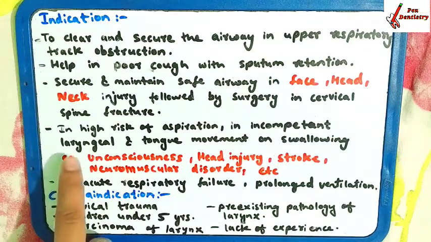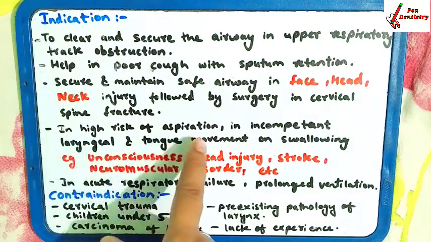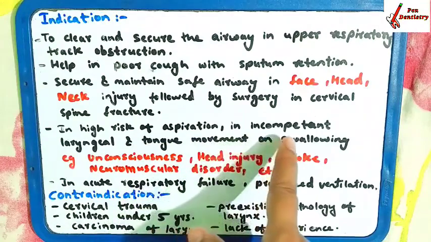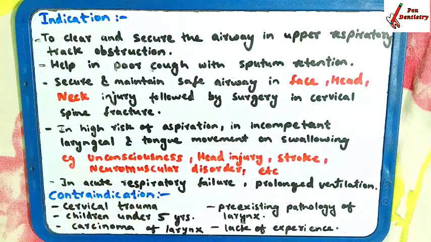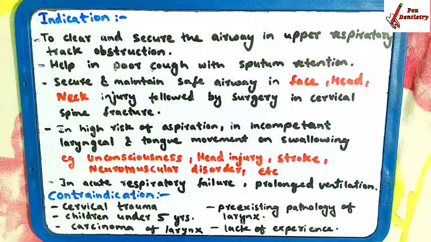In high risk of aspiration, with incompetent laryngeal function or when the tongue is not moving during swallowing and intake of the patient, here we use the tracheostomy. An example is unconsciousness, when the patient is not able to breathe and is unconscious.